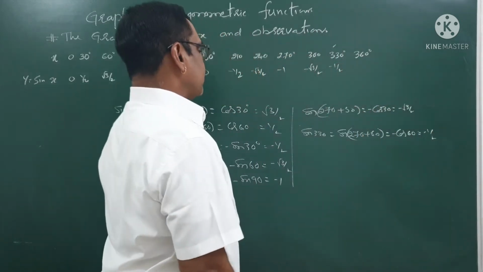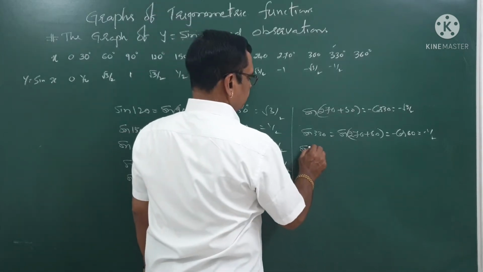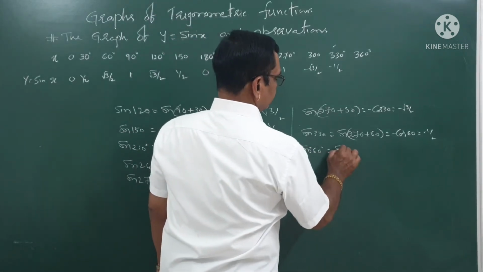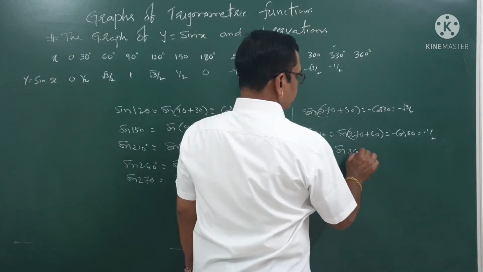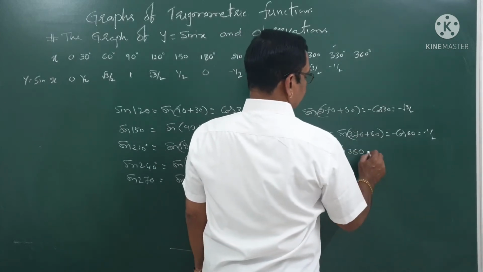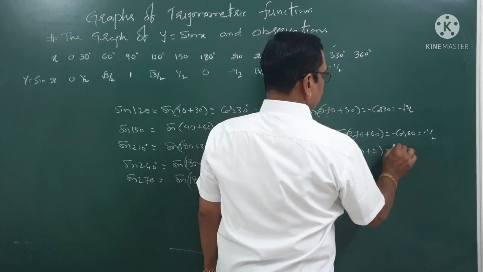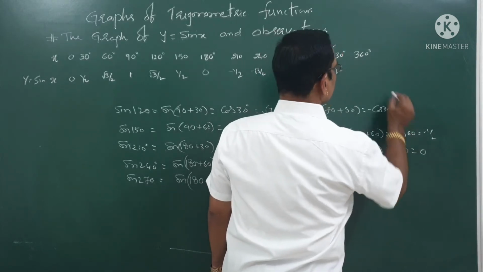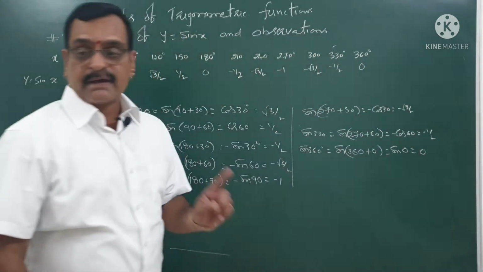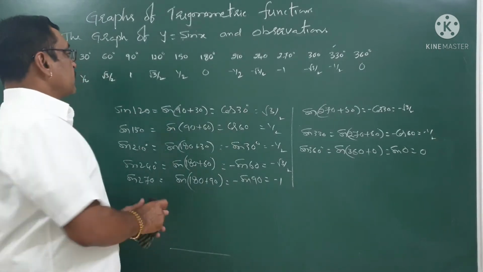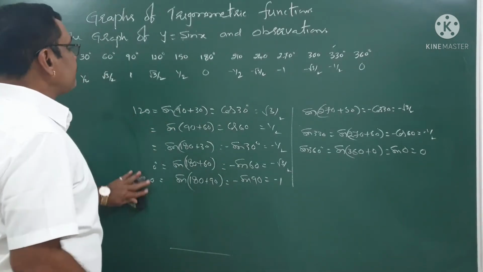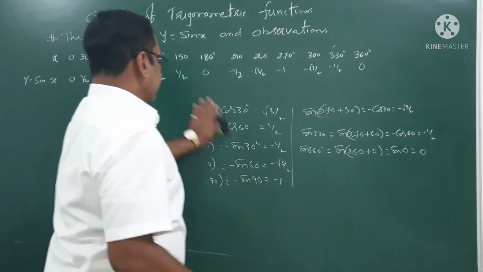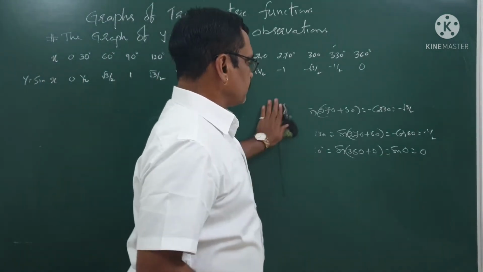And finally, sine 360 degrees. I can write it by many methods: sine of 360 minus 0 or plus 0 is equal to sine 0, which is equal to 0. So I could find the values of the trigonometric function sine from 0 degrees to 360 degrees.